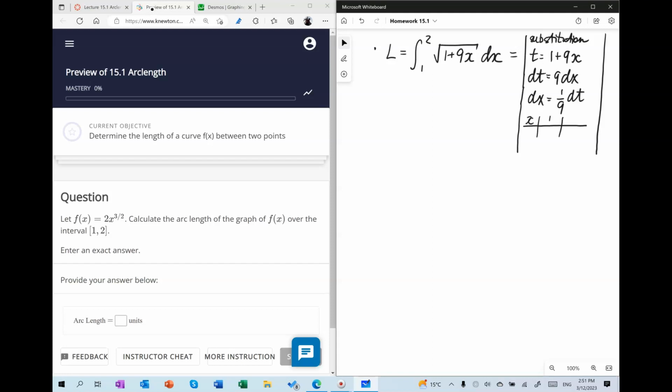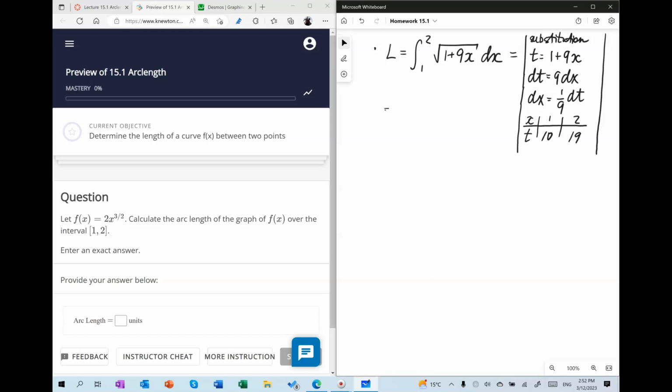x ranges from 1 to 2, and for the new variable t being 1 plus 9x, to find t when x equals 1, we plug 1 into this formula right here. 1 plus 9 times 1 is 10, and 1 plus 9 times 2 is 19.